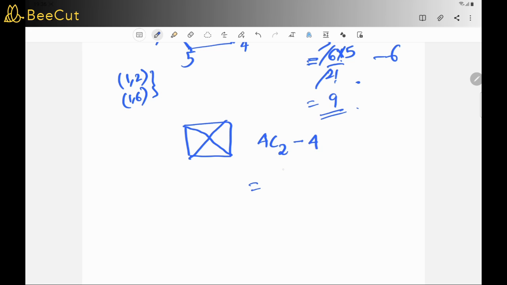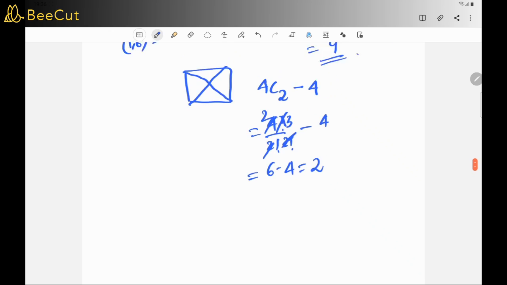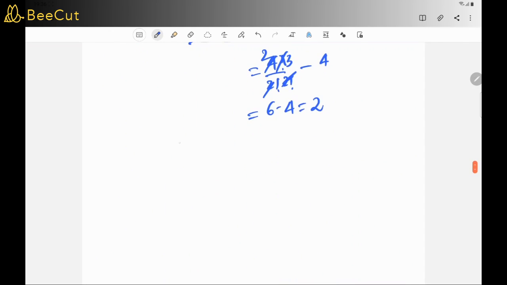So what is 4 factorial divided by 2 factorial into 2 factorial minus 4? 4 into 3, divided by 2, so this is 6 minus 4, which is 2. The number of diagonals that can be formed from an n-sided polygon is nC2 minus n. We are subtracting n, which is the number of sides, because we need only the diagonals.